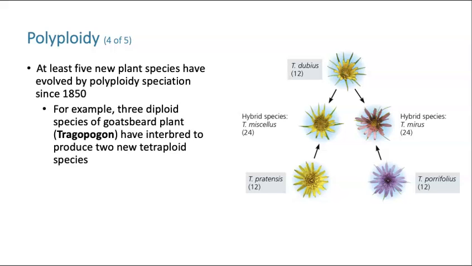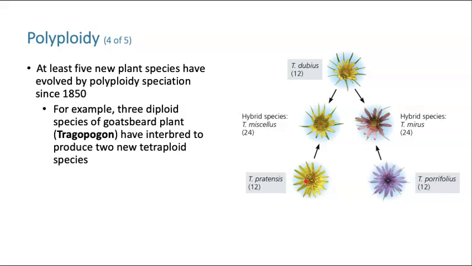And this happened through allopolyploidy, but just like with everything biological, it's a little complicated because these are very, very closely related species. They all have the same chromosome number. So each of the parental types, each of the original species, have 12 chromosomes.